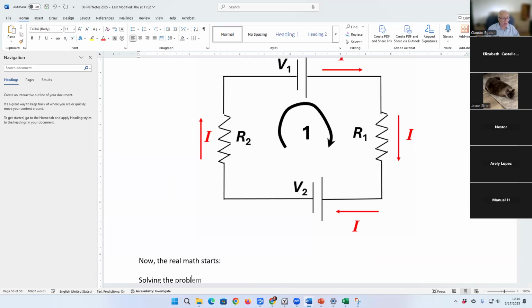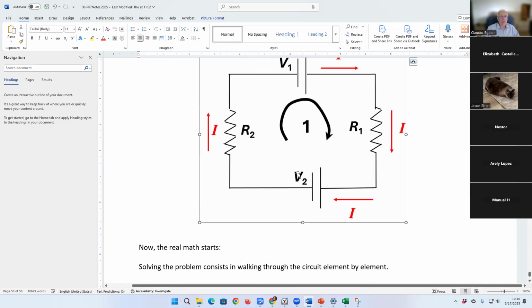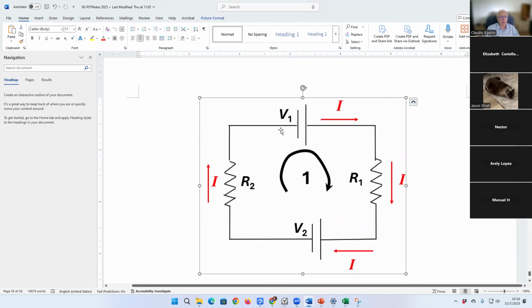Solving the problem consists in walking through the circuit element by element. And you can start wherever you want. Let's say we're going to start right here at this point to the left of V1.